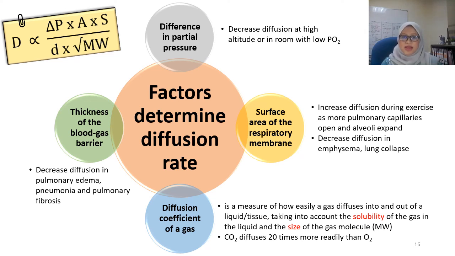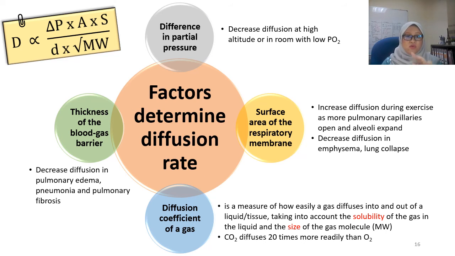For example, in the case of pulmonary edema, the interstitial space at the respiratory membrane has become thicker and filled with fluid, thus causing diffusion rate to decrease. Same goes in the case of pneumonia. In pulmonary fibrosis, the alveolar epithelial layer is damaged, scarred, and thickened, thus causing diffusion rate to decrease.